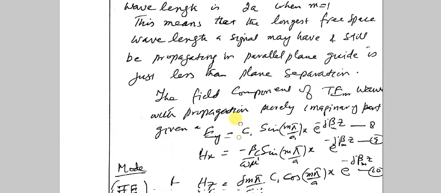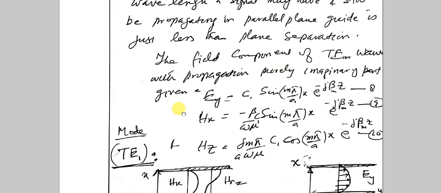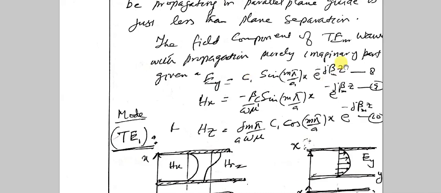The field components of the transverse electric m waves with purely imaginary propagation constant are given as Ey, and so on. All those equations of the parallel plane conducting waveguide are the same with alpha set equal to 0, the rest being imaginary parts.